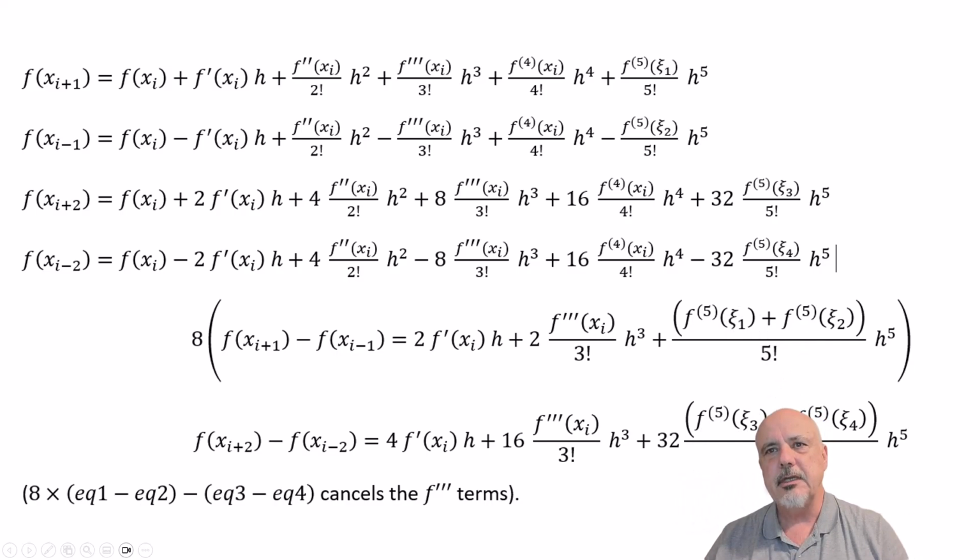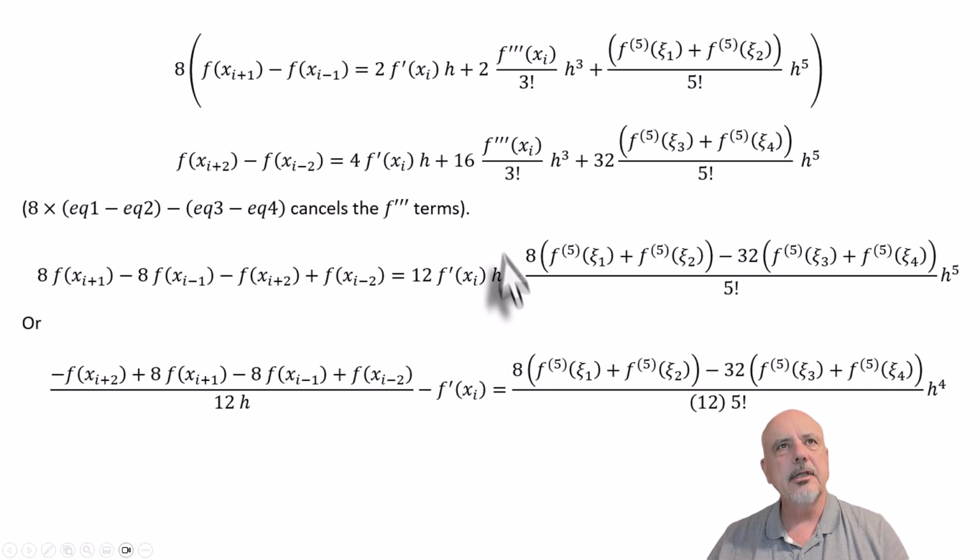So I've got all my Cassis in. I've got my third derivatives in there. I've got my first derivatives in there. This 8 times this 2, though, is going to make it where I kill, because I'm going to take the top one and subtract out the second one. So it's going to kill the f triple prime terms, right?